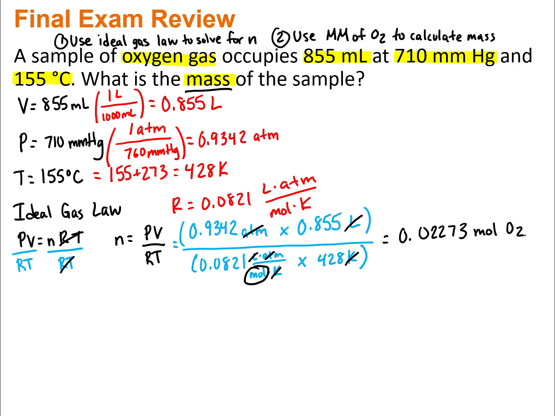So that was all step 1. We solved for n. Now we've got to use it to figure out the number of grams of oxygen that we have.